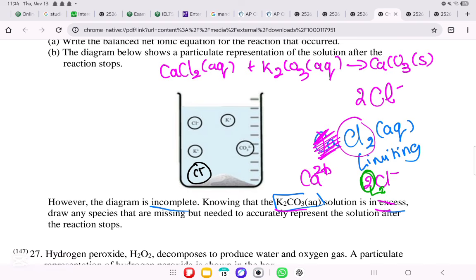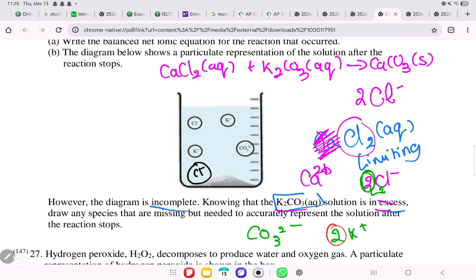Same exact thing for K2CO3, by the way. If you do it, you will have CO3 2- and 2K+ after balancing, right? I have only one CO3 2-, so it's going to be 1 times CO3 2-, right? So I'm only going to have one CO3 2-. But now, it's going to be 2K+. How many K+ do I have originally?